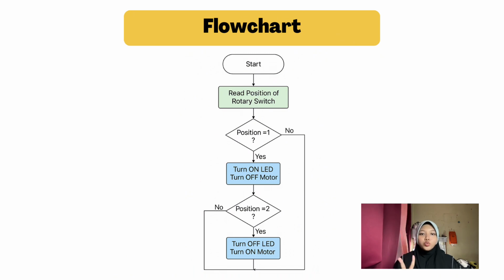In position 2, the LED is turned off and the motor is activated. In position 3, both the LED and the motor are turned on. This project clearly represents how the system responds to different switch positions in real time, ensuring reliable and efficient operation.